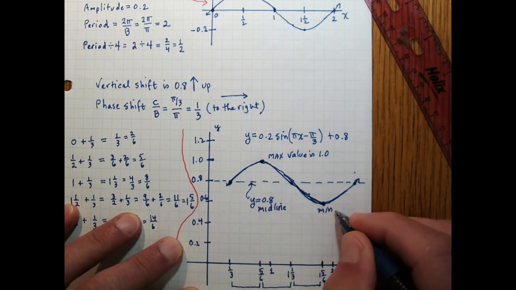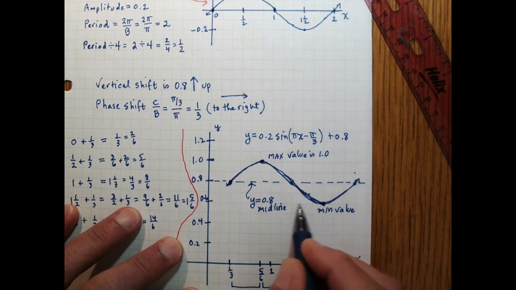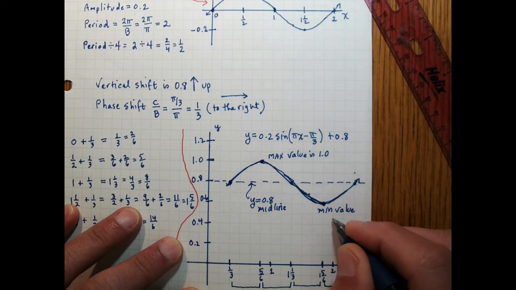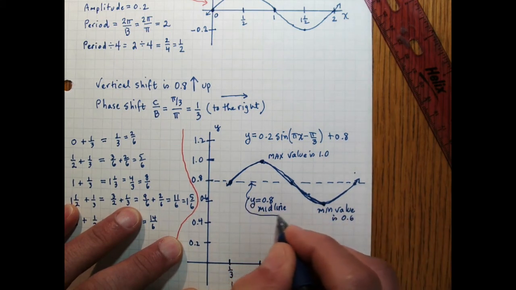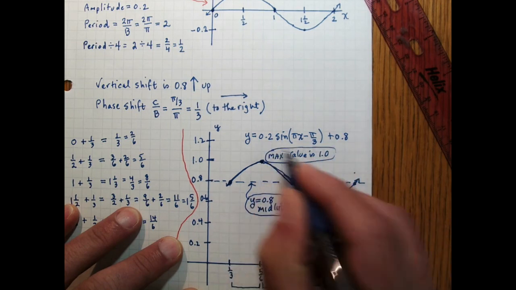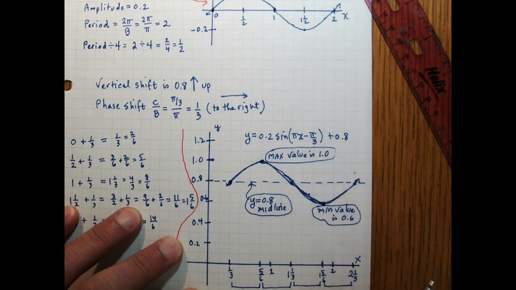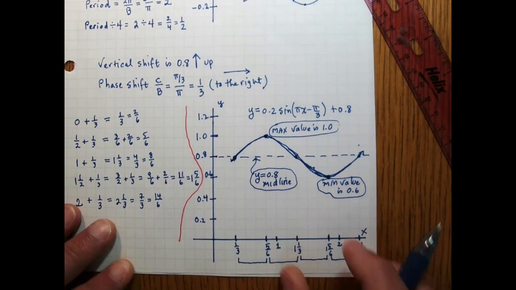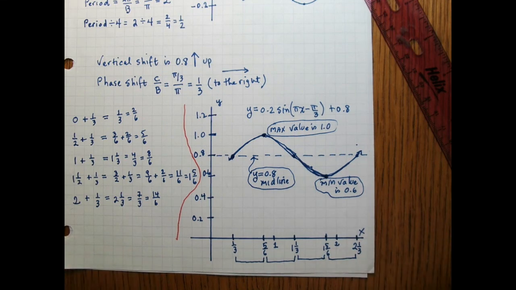So the min value of this function is the y coordinate at that lowest point, 0.6. So sometimes in the homework they ask you for the midline, the max value, and the min value. Okay, and there we got our graph of y equals 0.2 sine pi x minus pi over 3 plus 0.8.